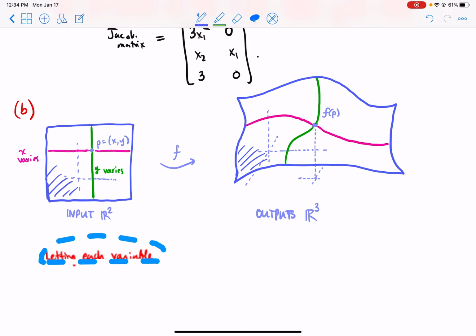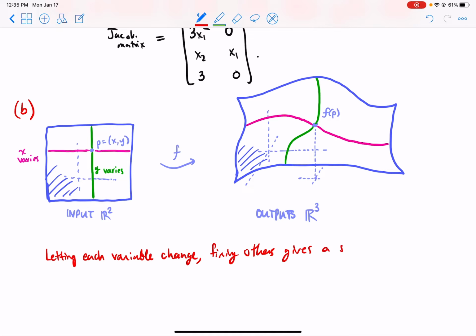So here's my words: letting each variable change, fixing others, gives a straight line in the input space. Okay?